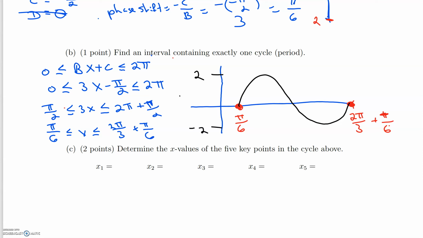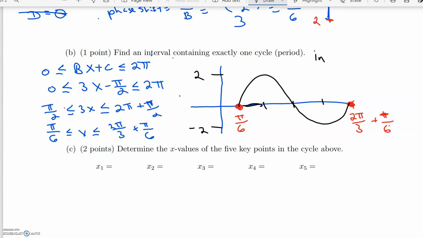What remains to be done is to find these key values here. And in order to do that, we find the length of each of these little intervals, okay? And to find that interval length, that's the period. I like to think of this as the increment. So the increment is, that's my terminology, but it's the period divided by 4.